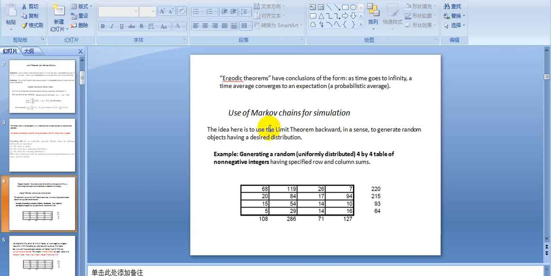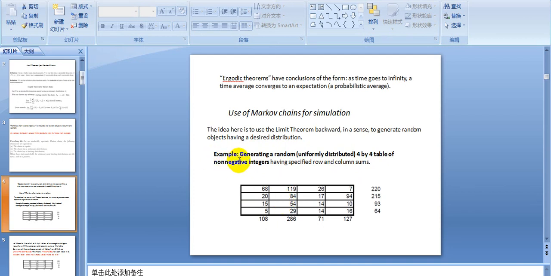Now here is the example: generating a random, uniformly distributed 4x4 table of non-negative integers having specified row and column summations. Here I give you one example. Here is a 4x4 table, and all the numbers in the table have to be non-negative.